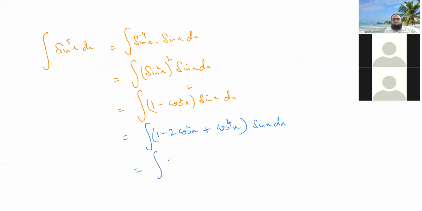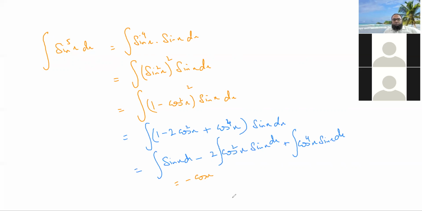Now this becomes sine x minus 2 cos square x sine x plus cos to the power 4x sine x. Okay, let me split it like this. So you see that we can directly integrate this. This is going to be minus cos x.